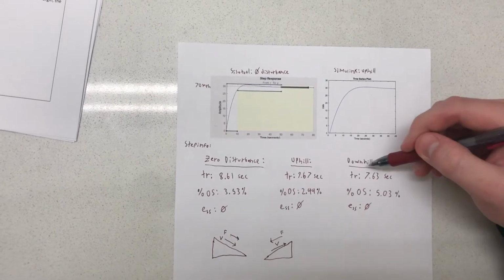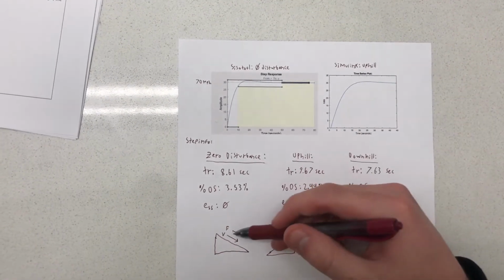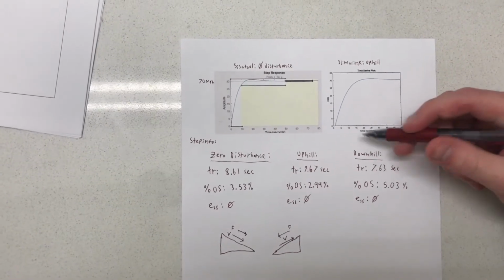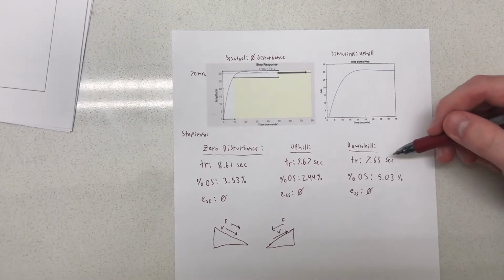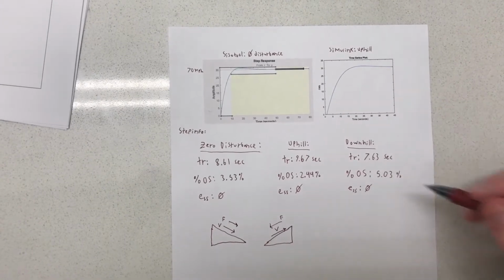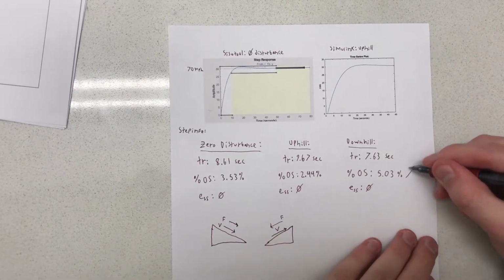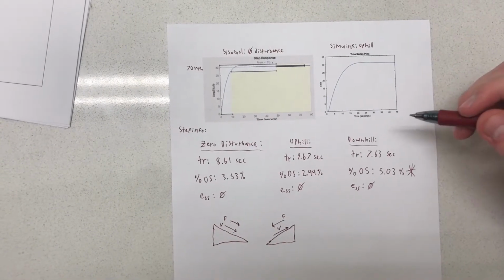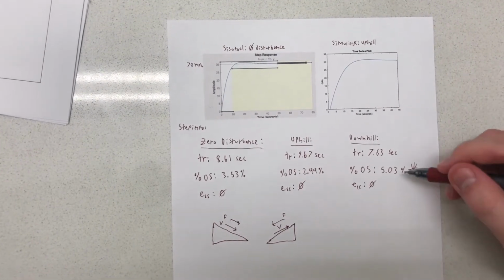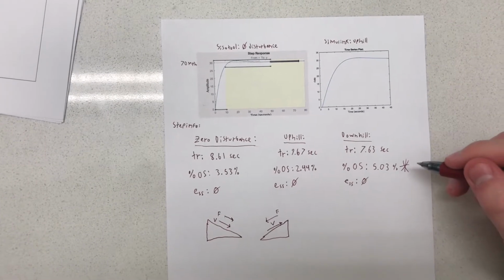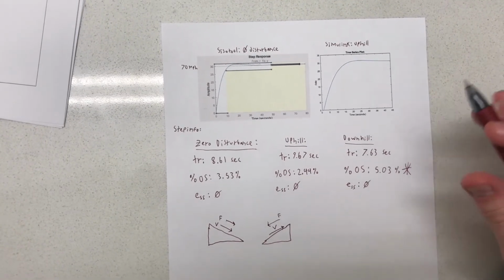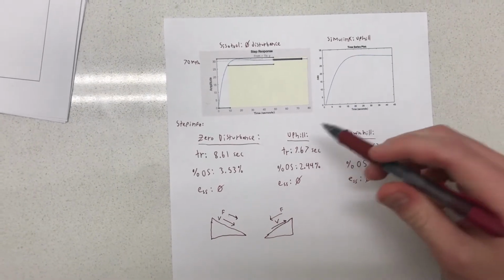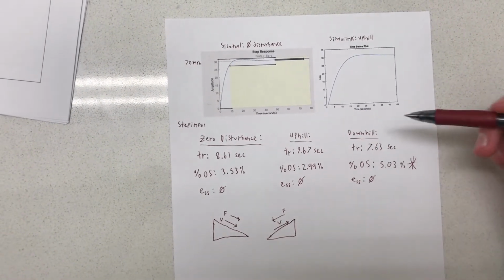If we switch over to the downhill configuration, where we have the force in the direction of where our car is trying to travel, we're going to get a rise time that drops down to 7.63 seconds, but a percent overshoot that slightly exceeds the bounds of our specifications at 5.03%. Now, for the purposes of this controller, we're going to say that this 0.03% exceeding of our specification is acceptable, because in order for us to be able to handle the maximum configuration in both uphill and downhill, we're going to have to account for the variance.